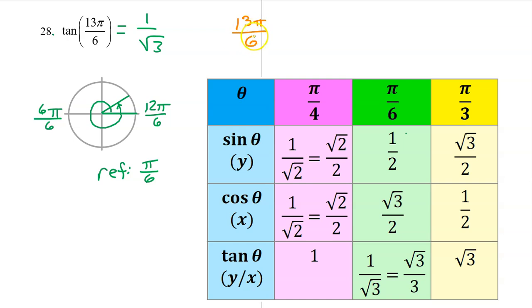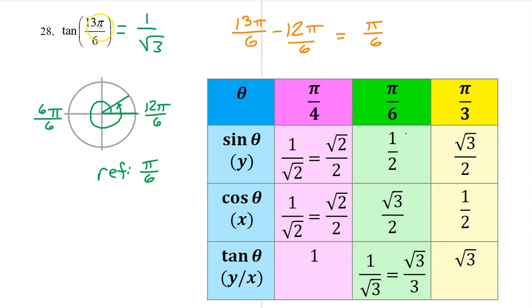Another way to process this is to simply recognize that 13 pi over 6 is bigger than 2 pi. It's bigger than 12 pi over 6. Subtracting 2 pi will not change the value of any trig function. And subtracting 2 pi is the same thing as subtracting 12 pi over 6. 13 pi over 6 minus 12 pi over 6 is simply pi over 6.